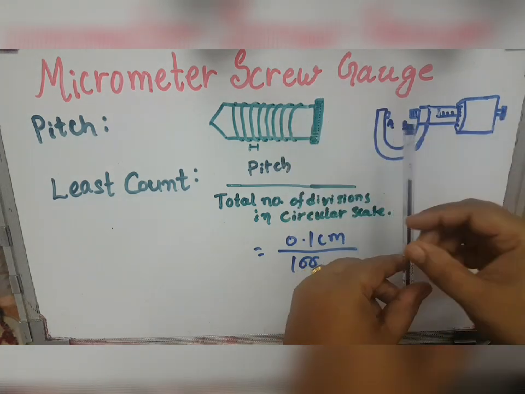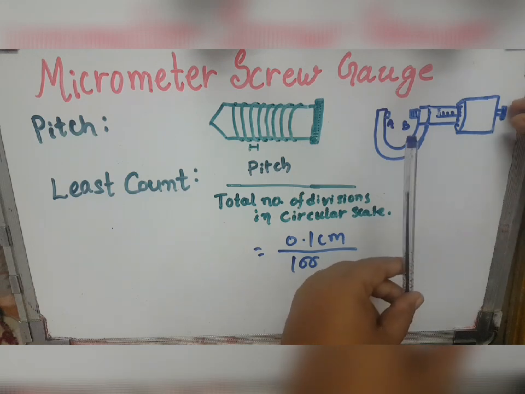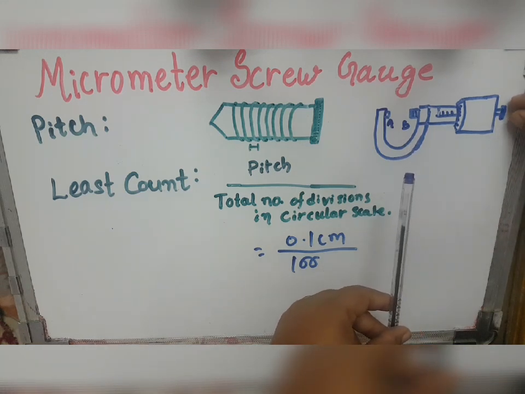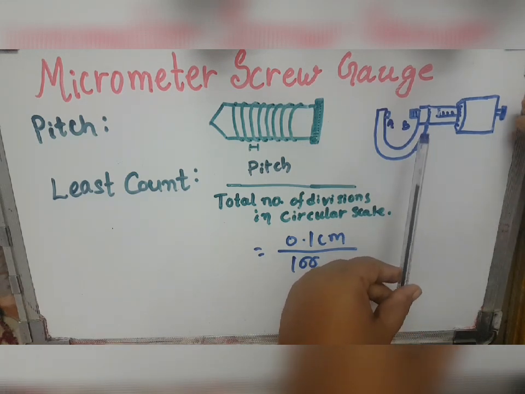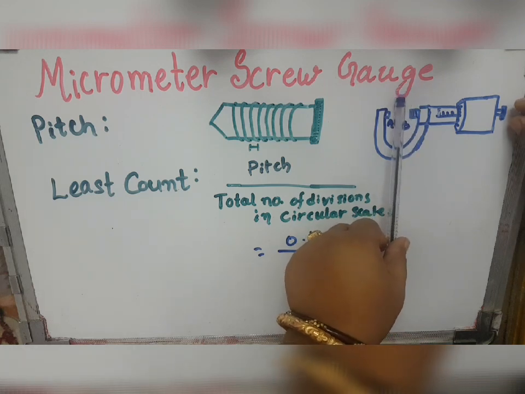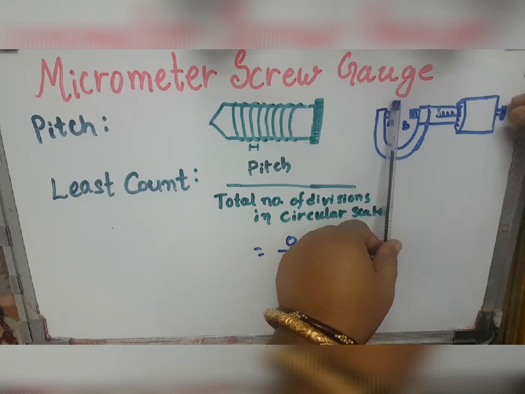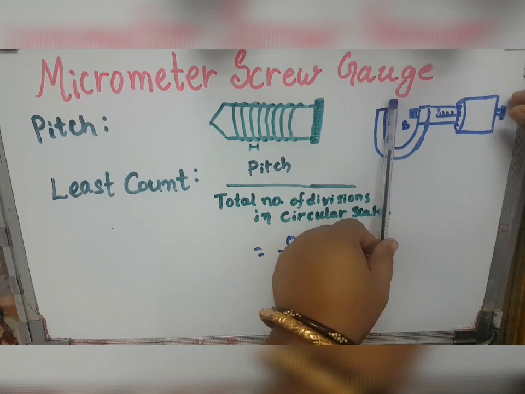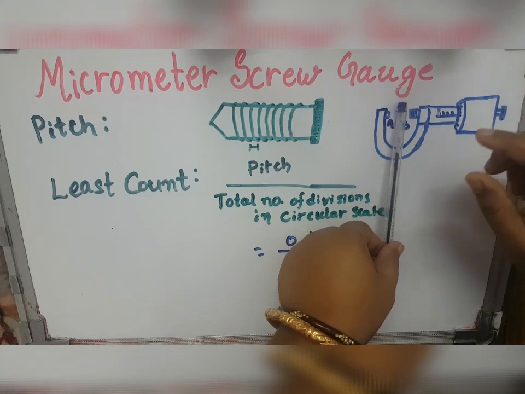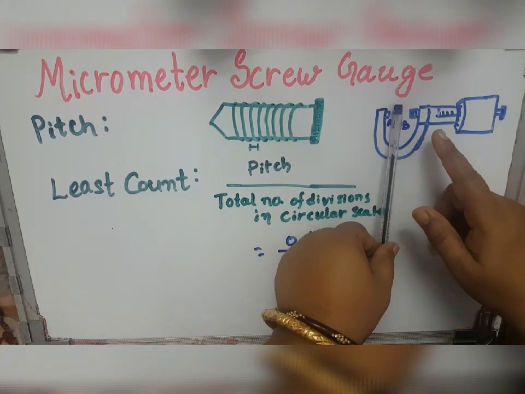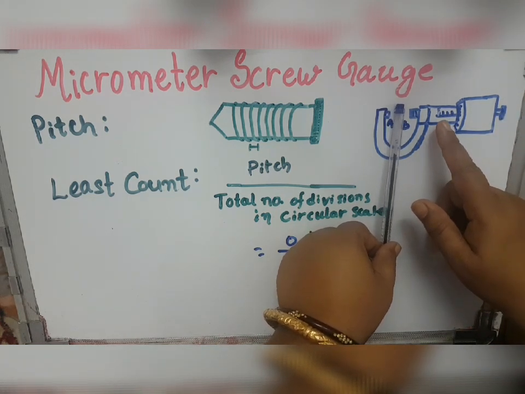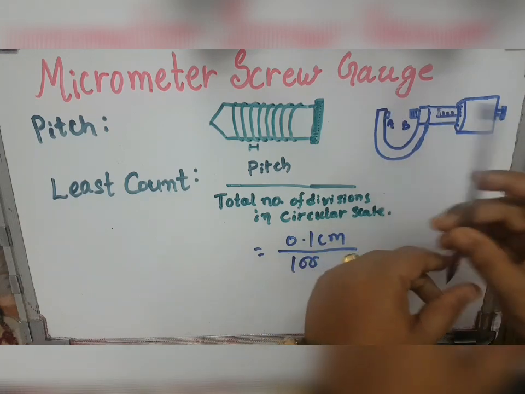Then the ratchet is rotated so as to open the two jaws, and the wire is placed between the two jaws, and it is again tightened until the rattling sound comes. Then the observation is measured through the two scales.